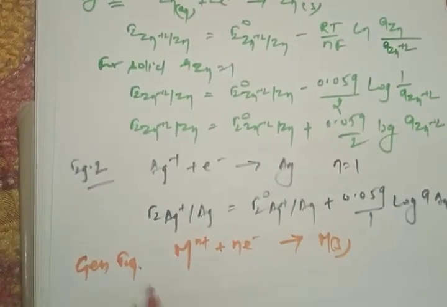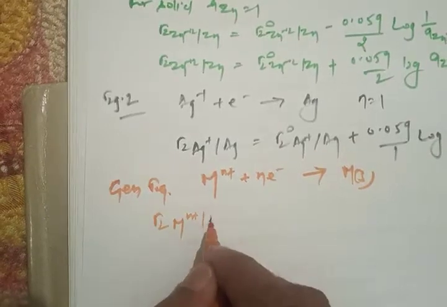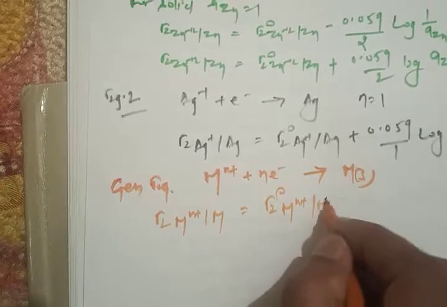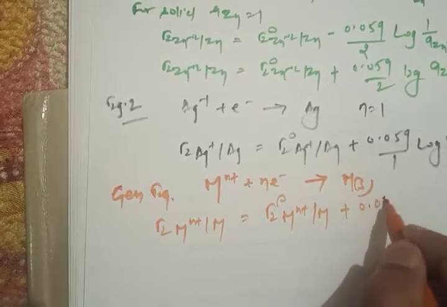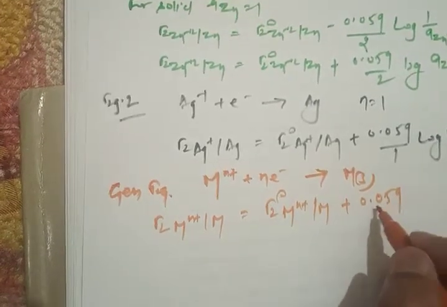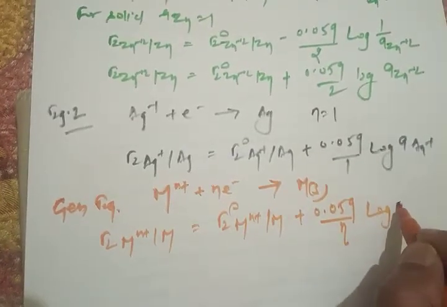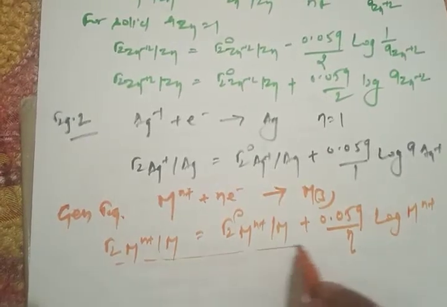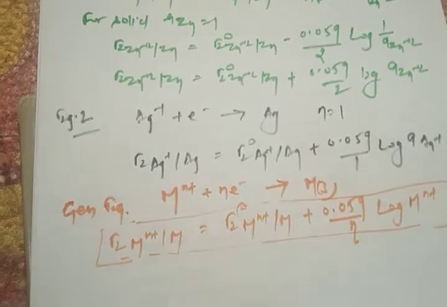So the general equation for the electrode is E M n+/M equals E naught M n+/M, and if I write directly, it will be plus 0.059 upon n and log a M n+. So this is the general equation in the case of a metal ion.